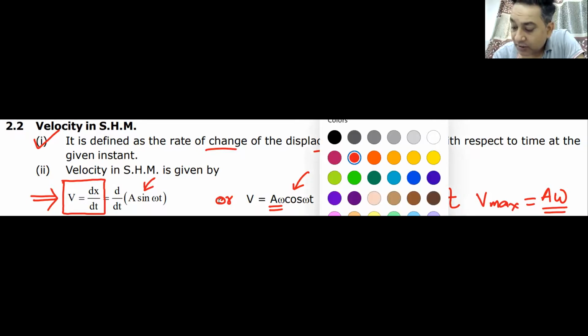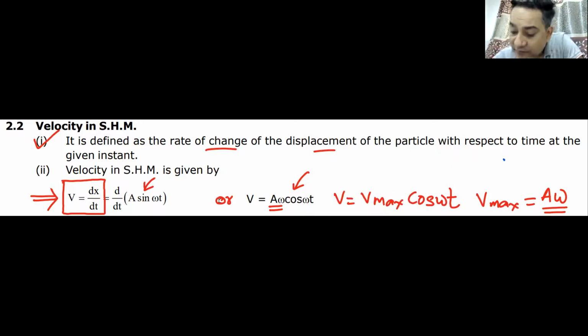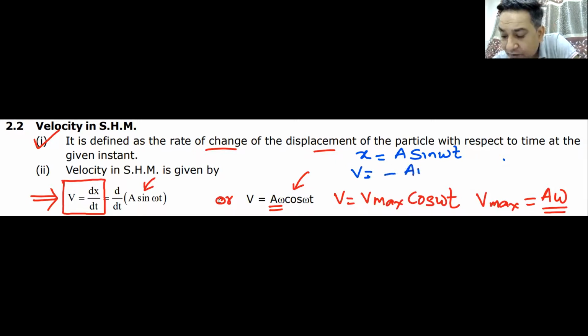Now, if the equation was cos instead of sin, if I differentiate the blue equation, sorry, I have written it the wrong way. If the equation is x is equal to a cos omega t, the derivative would be minus a omega sin omega t.